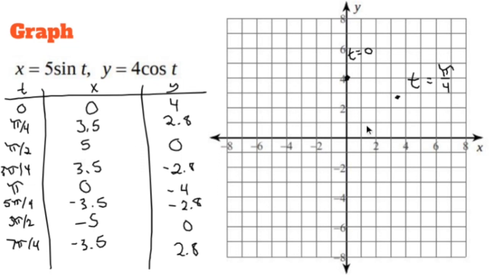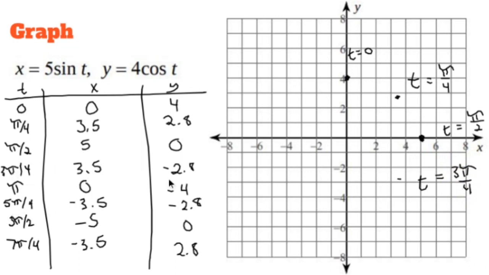Okay, the next point is 5, 0. And that was t is pi over 2. The next point is 3.5, negative 2.8, so like right around there. That's when t was 3 pi over 4.